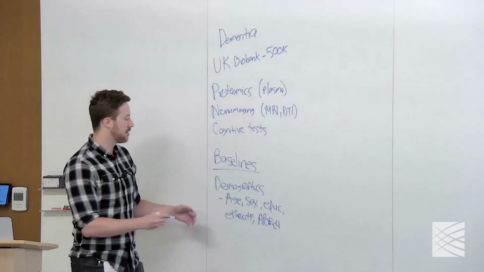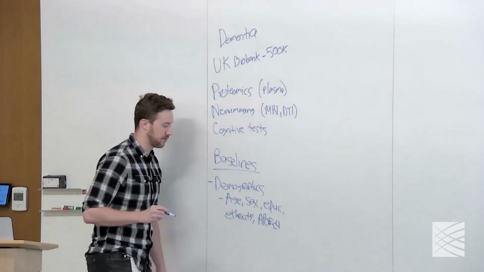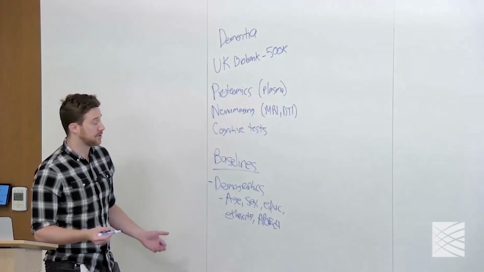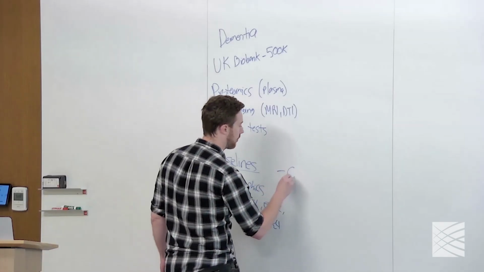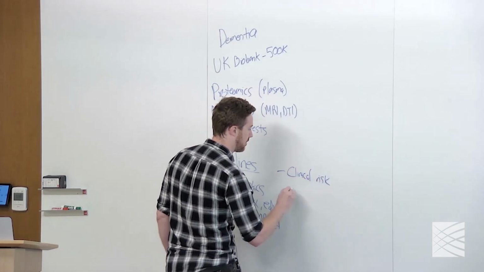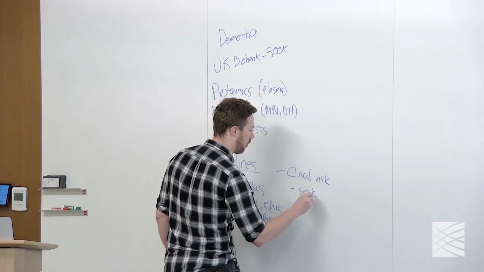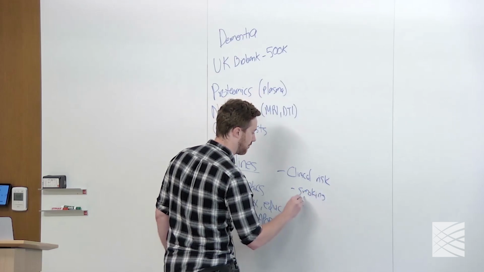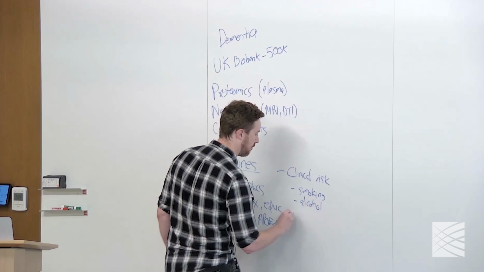Now, in addition to these very basic demographic factors, you might also want to look at clinical risk factors. So that includes things like smoking or alcohol consumption or history of head injury.